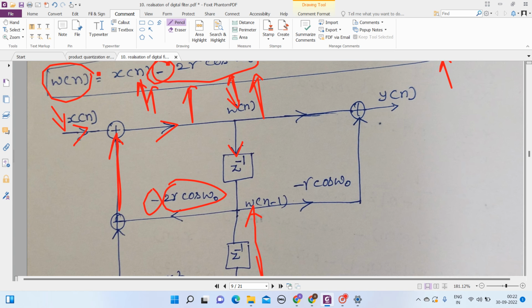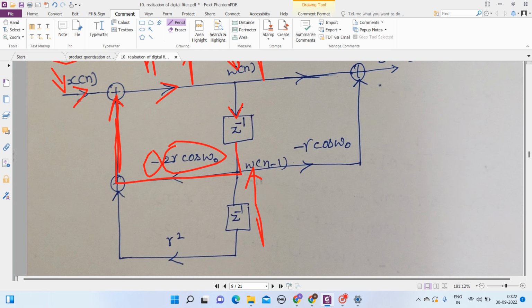Okay, ma'am, we can add directly like this. Why are we using this another delay element? Because I have one more term, w of n minus 2. That's why I need this adder element. If you don't have this term, you can directly add without using this adder element.